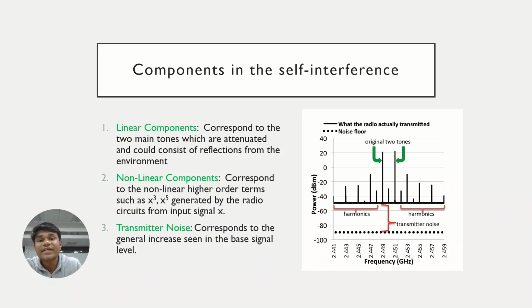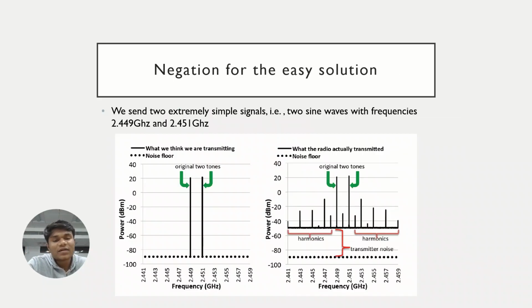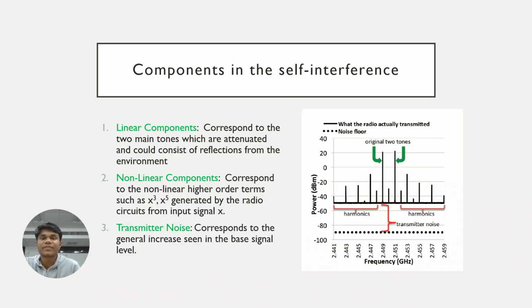Anyways, what we are transmitting is the cause of the self interference. Whatever we are transmitting is the self interference, and we need to cancel that in the signal that we are receiving. So, there are several components in the self interference. There are three of them actually.